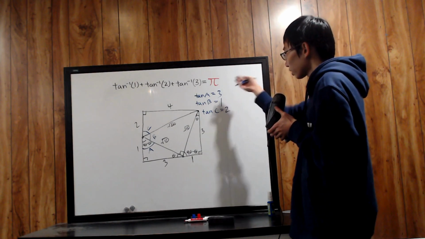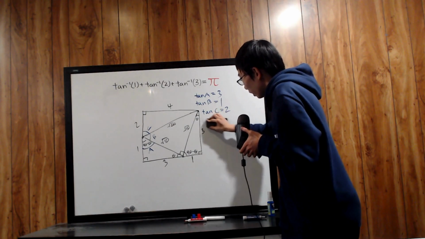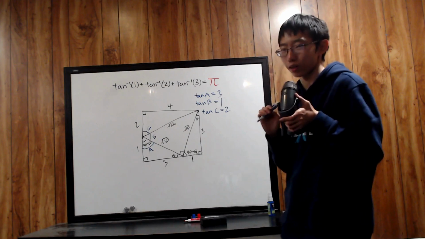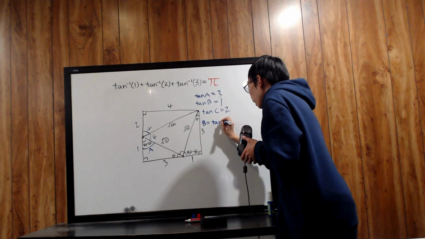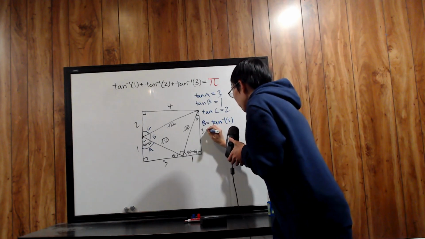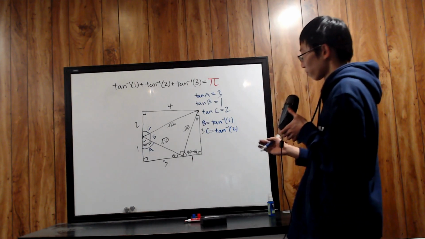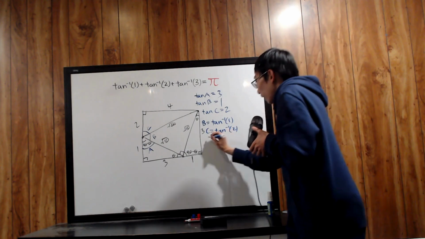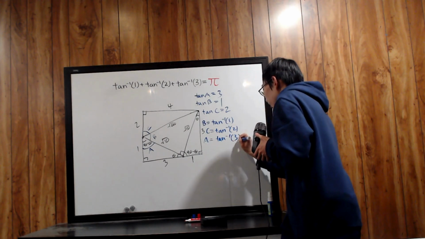Now, because of this, I should definitely write it like this for consistency. B is equal to tangent inverse of 1, okay? And we have C is equal to tangent inverse of 2, right? And finally, we have A is equal to tangent inverse of 3.